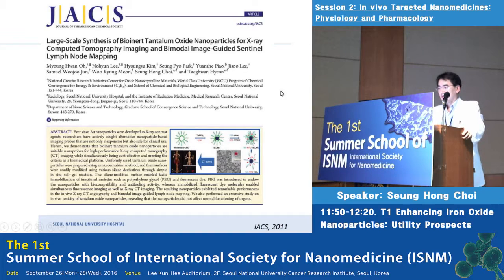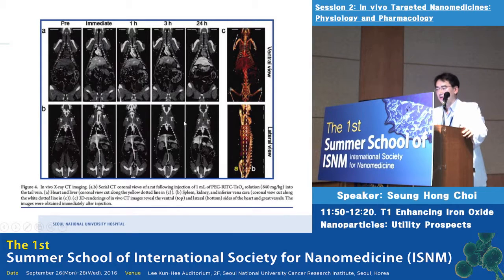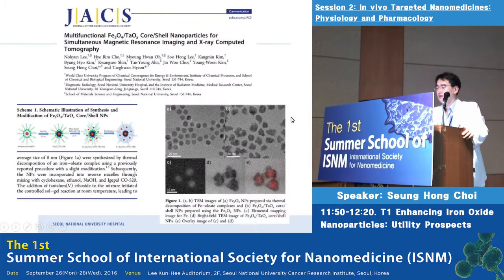Okay, the other property of the nanoparticles is that we can use the nanoparticle for CT images. The tantalum oxide is one of these candidates, and we obtained the CT imaging after injection of tantalum oxide. And we also modified the composition of nanoparticles, the tantalum and iron and gold, as the previous speaker mentioned to us.